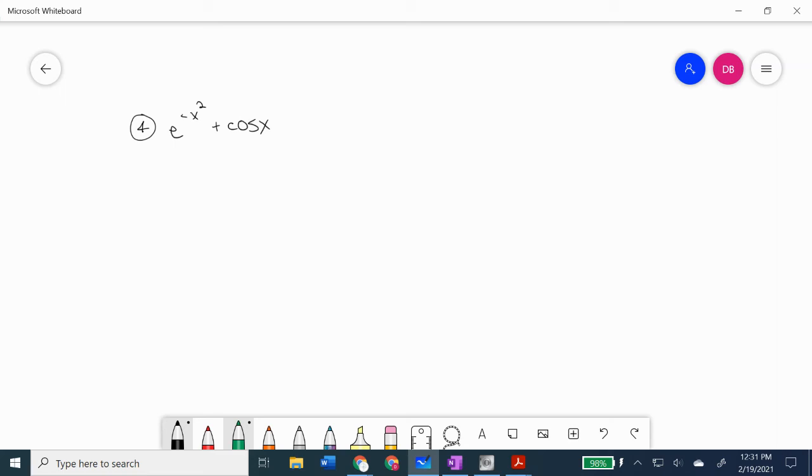If I'm going to add not just a polynomial to my series, but an infinite polynomial with another infinite polynomial, you have to be careful.